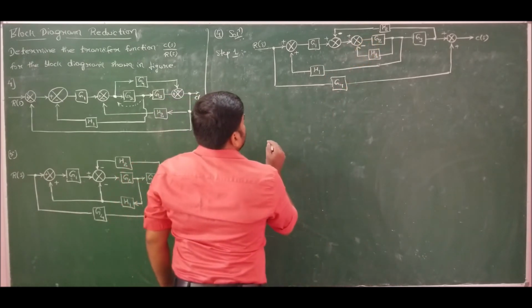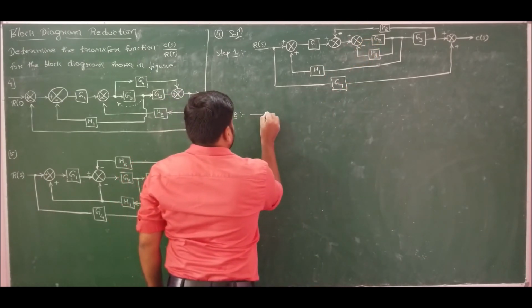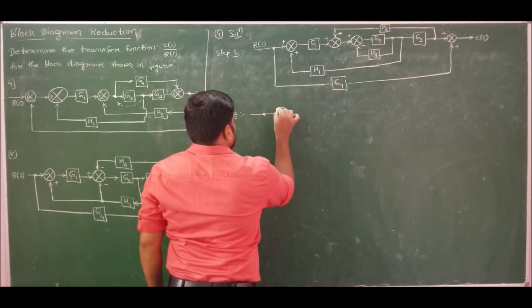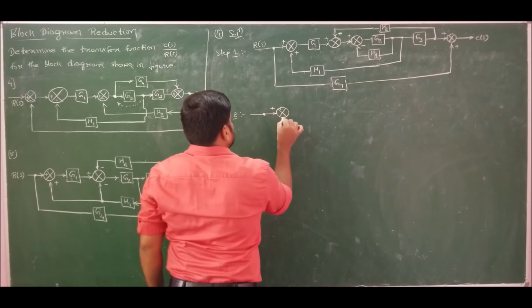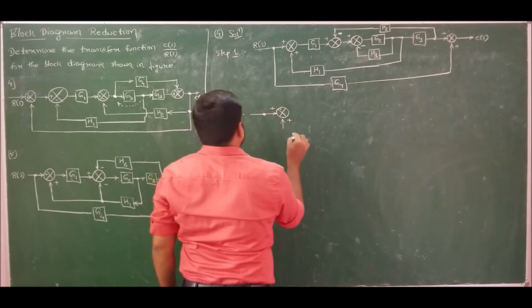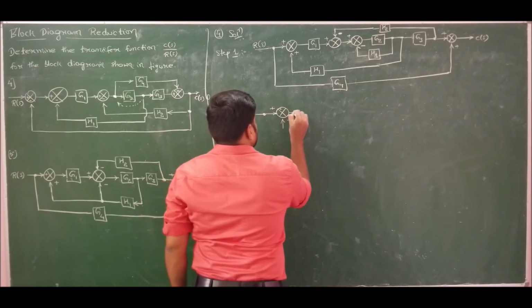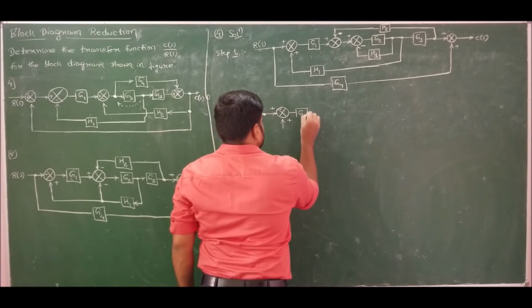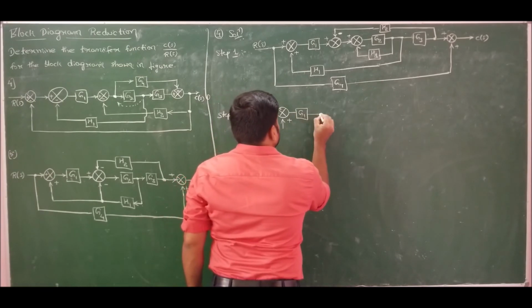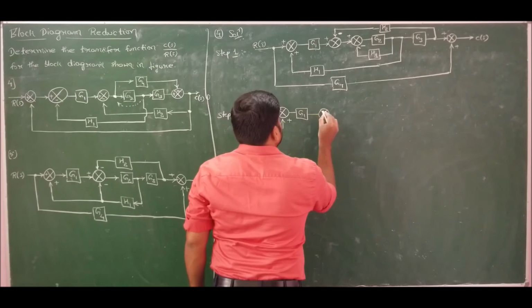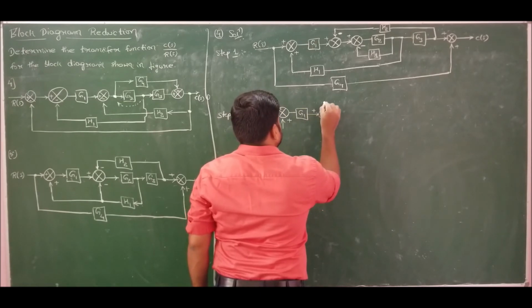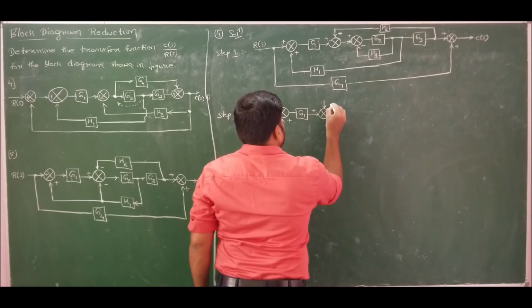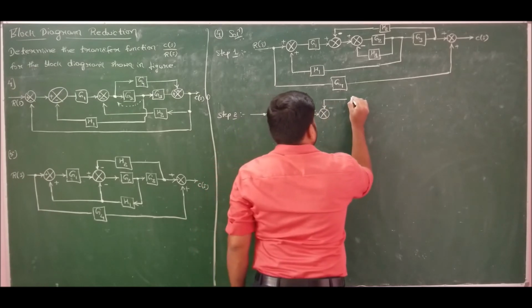If I close that loop, we have plus, G1, a summing point with plus and feedback minus whose value is H2.